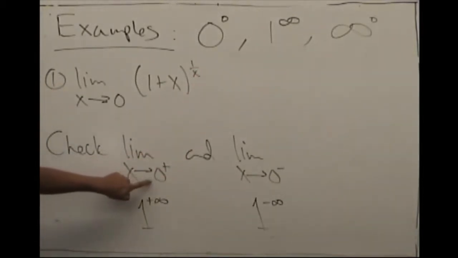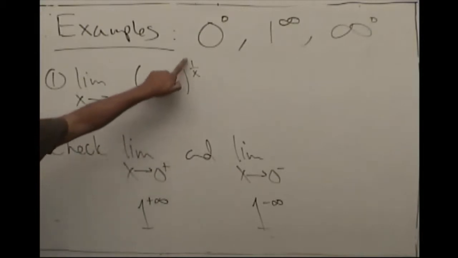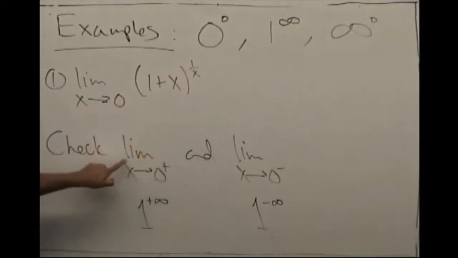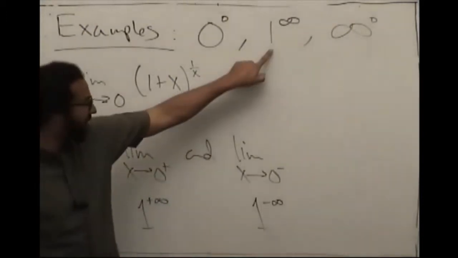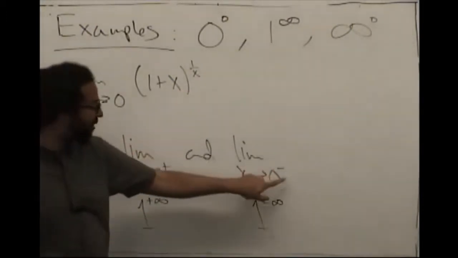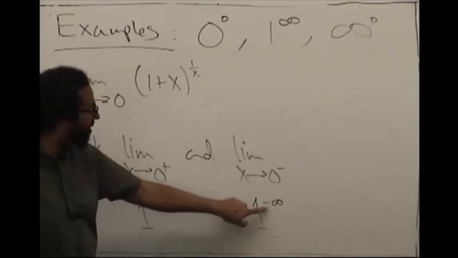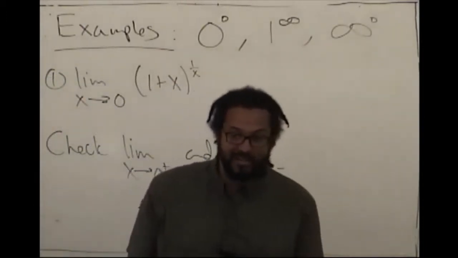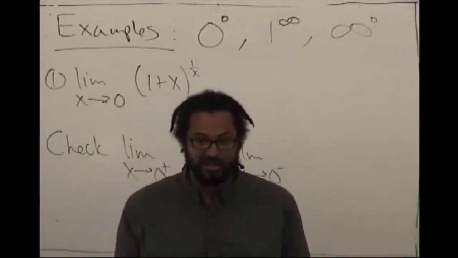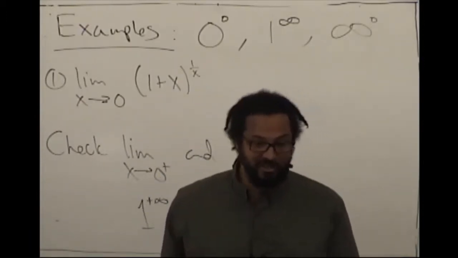When I check x goes to 0 from the right, this goes to positive infinity, and so this has the form 1 to the positive infinity, which is okay. And when I check 0 from the left, it has the form 1 to the negative infinity, which is okay. So the two one-sided limits both have a good indeterminate form. They're just a little different.